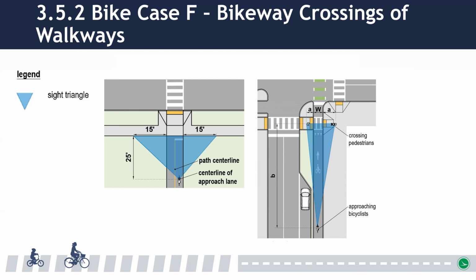At an intersection of a walkway and an uncontrolled shared use path, or where pedestrians cross a separated bike lane, the length of the clear sight triangle along the bikeway should be determined using the equation presented in the MDG. You'll find that in table 3-12. Or you have to provide the minimum stopping sight distance, whichever is smaller. If pedestrian crossings of bikeways are unexpected, signs may also be appropriate to warn bicyclists of that pedestrian crossing.